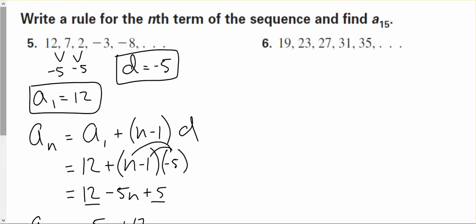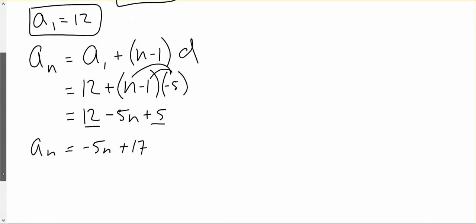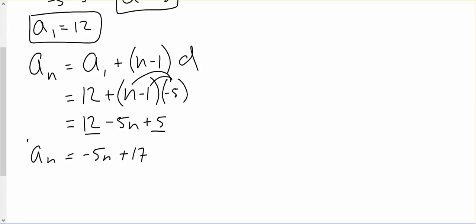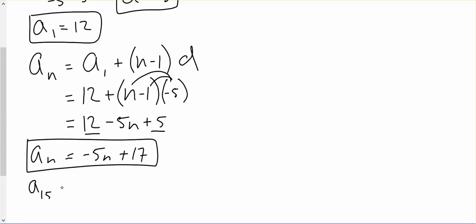It asks for our 15th term again. Ooh, we're going to need to do a little math. So this is our answer, or that's our general rule. And now our 15th term would be a sub 15 equals negative 5 times 15 plus 17.